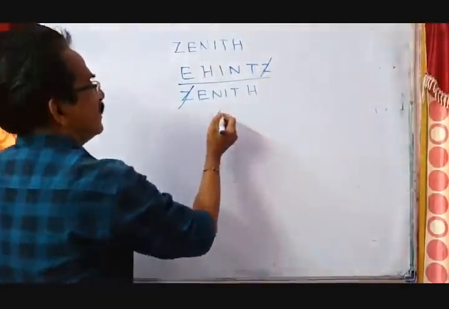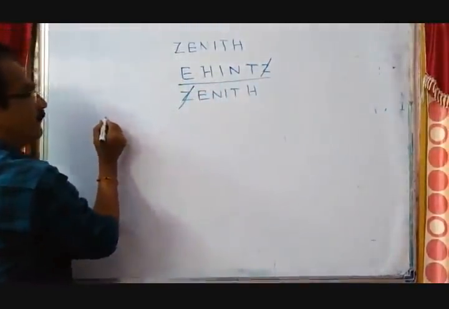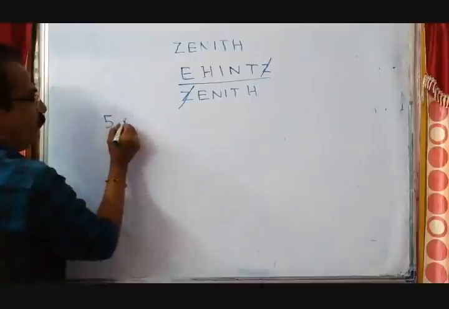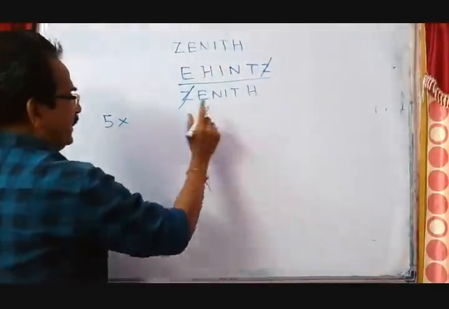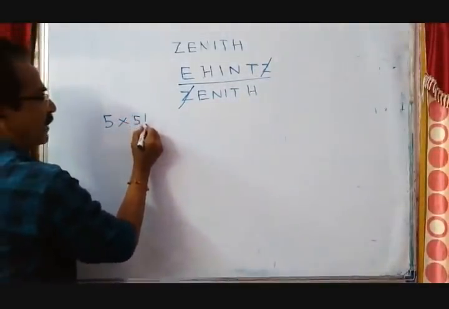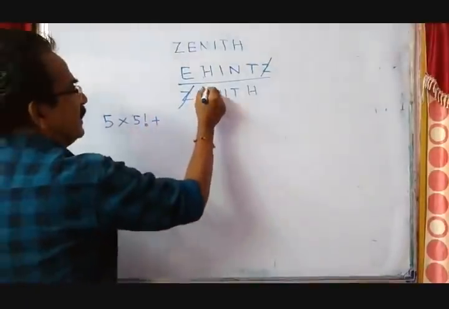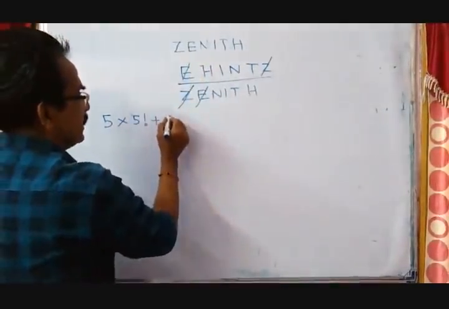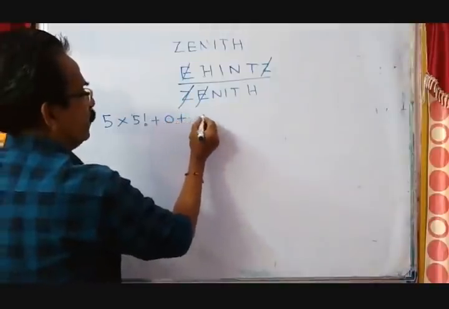Strike Z. 5 letters are remaining to the left of Z. 5 into 5 factorial, plus E, no letters are remaining, so take it as 0.